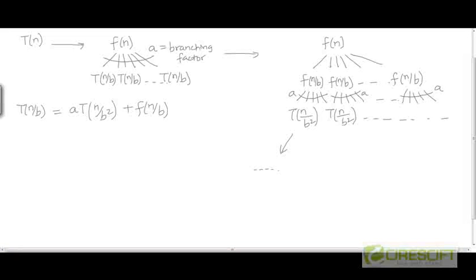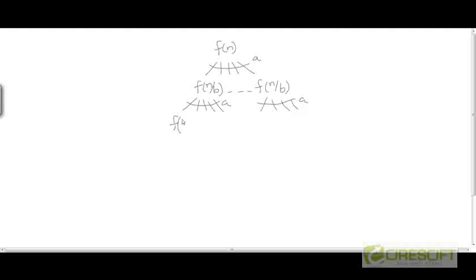So the final snapshot of the recursion tree is going to look like this. We're going to have f of n at the top. This is going to have A children, each being f of n by b. Each of these nodes is in turn going to have A children. Each child will be f of n by b square.